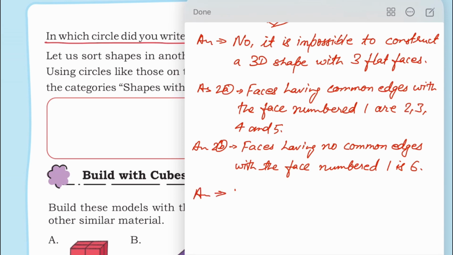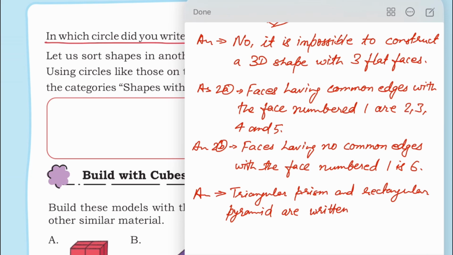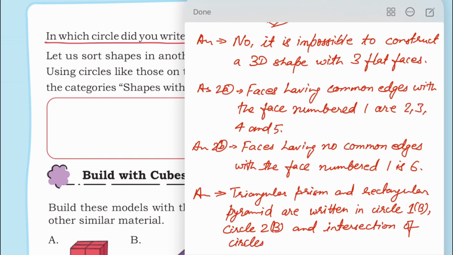Answer is triangular prism and rectangular pyramid are written in circle 1B, circle 2B, and the intersection of circles 3A and 3B.